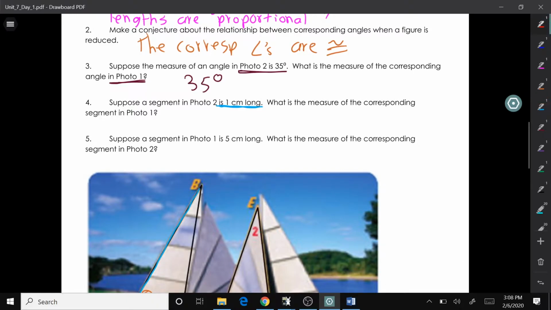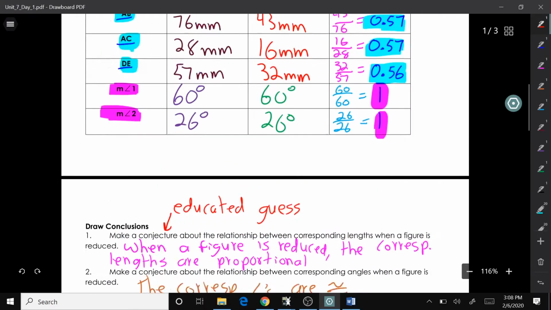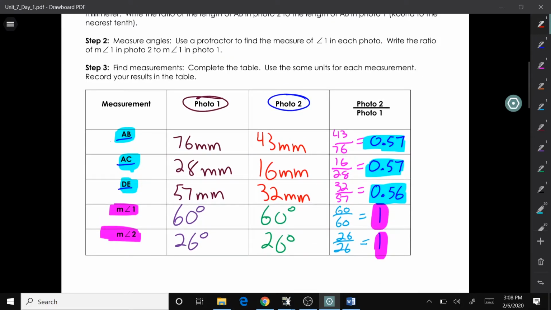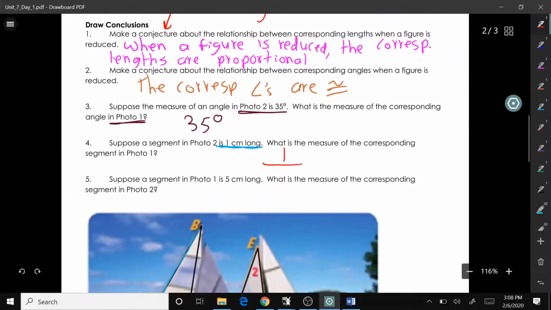So we'll take our length from photo 2, so 1, and divide it by this ratio from the previous page. We're going to use 0.57 since we got that twice. So 1 divided by 0.57 equals 1.77. And the units they used here was centimeters, so do the same thing here.